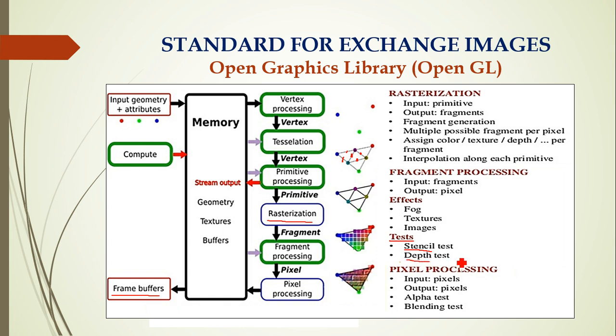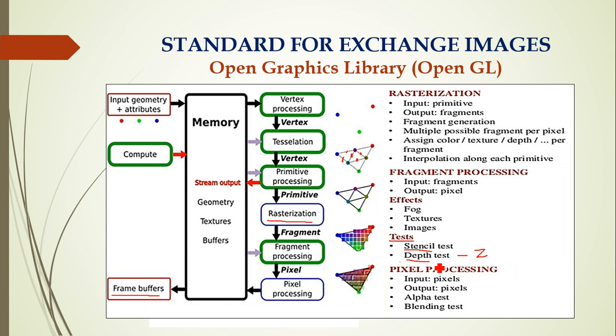Next is depth buffer, otherwise known as Z buffer. This could be well known to you while studying your unit 2 depth buffer algorithm and all. So Z test is utilized to test the depth of the image. This is utilized for 3D cases.